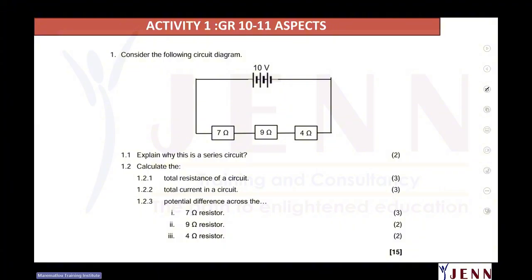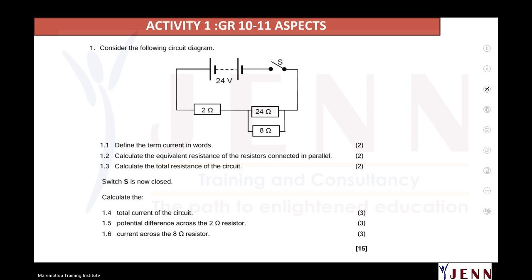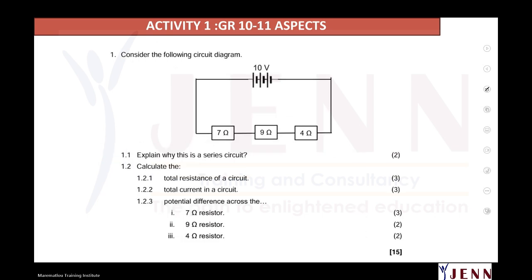This is just grade 10, typical questions that you did in grade 10. But pay attention to what I was highlighting here. What I was highlighting is that once you know the type of connection you have, you are sorted.